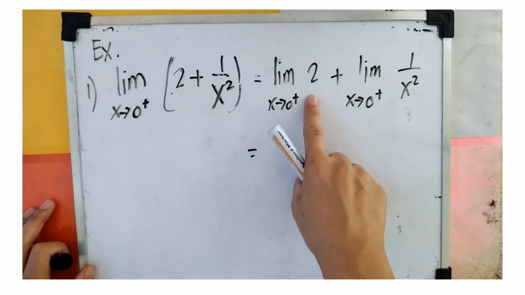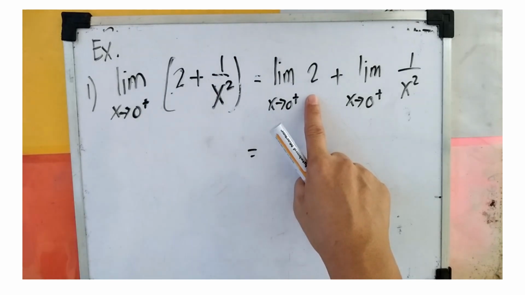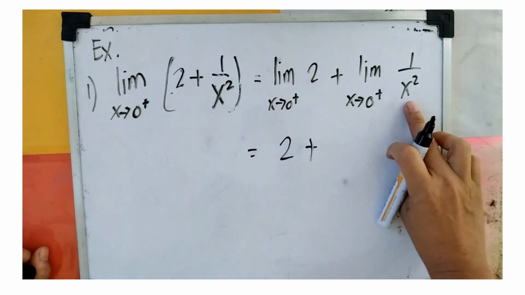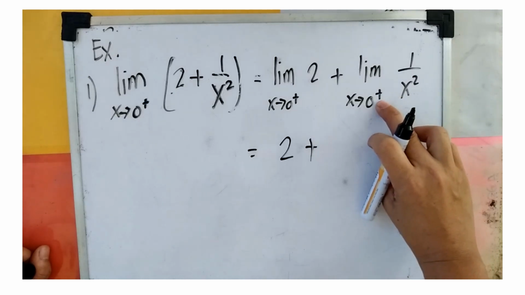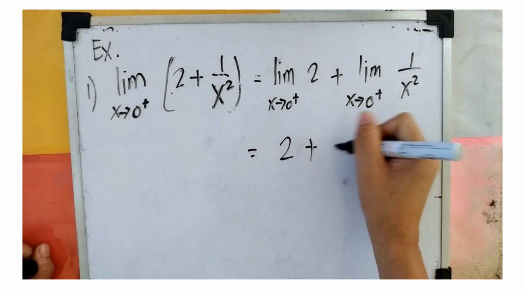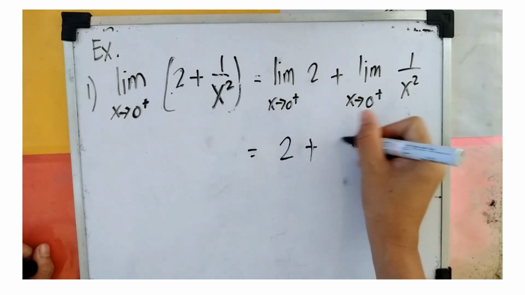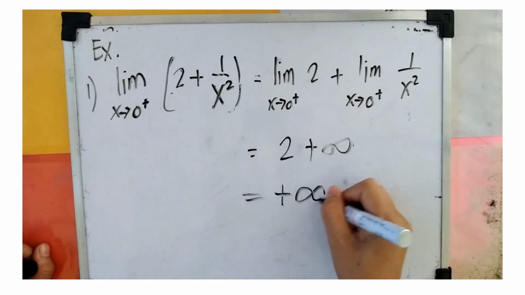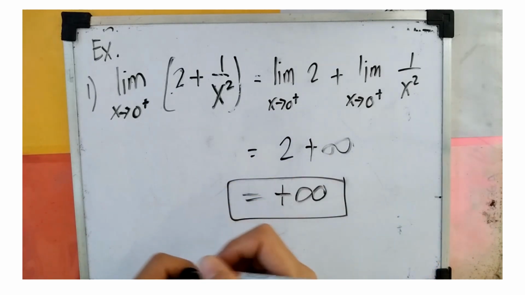The limit of a constant is equal to the constant itself. So, that's 2. What was the theorem earlier, class? From the right, it's positive infinity. Right? 2 plus positive infinity, the answer is positive infinity. That's it.